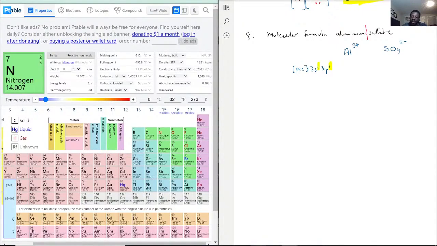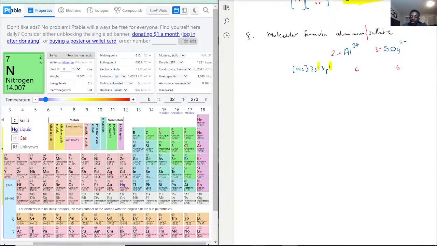So now we want to balance out the aluminum and the sulfate. How are we going to do that? We look at these numbers, 3 and 2, and need to find their lowest common multiple. The only thing that can do that is 6, because you can't use 3, since it doesn't divide evenly by 2. So you need 6 for both. To get to 6 from aluminum, it needs to be times 2, and for sulfate, it needs to be times 3.